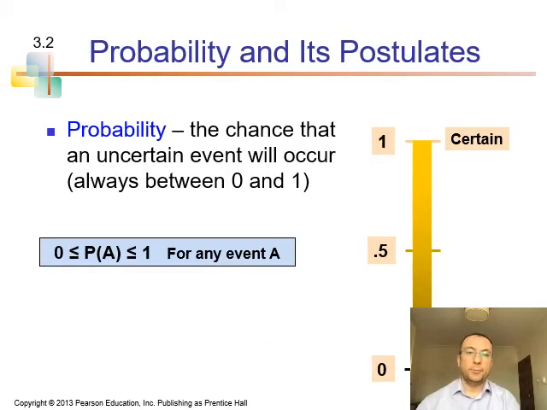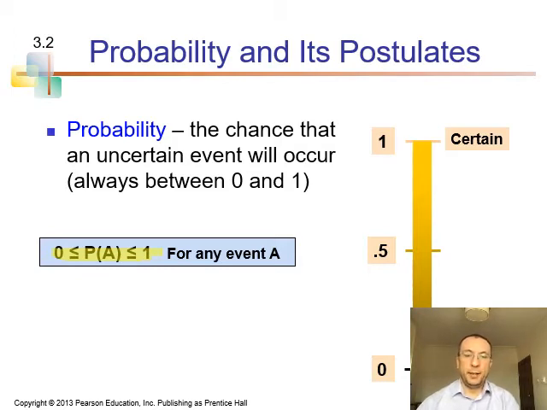Now, what's probability? Probability is the chance that an event will occur. And for the event A, for example, the probability of that event is always between 0 and 1. It can be 0. If it is 0, that means impossible. It can be 1, that means certain.